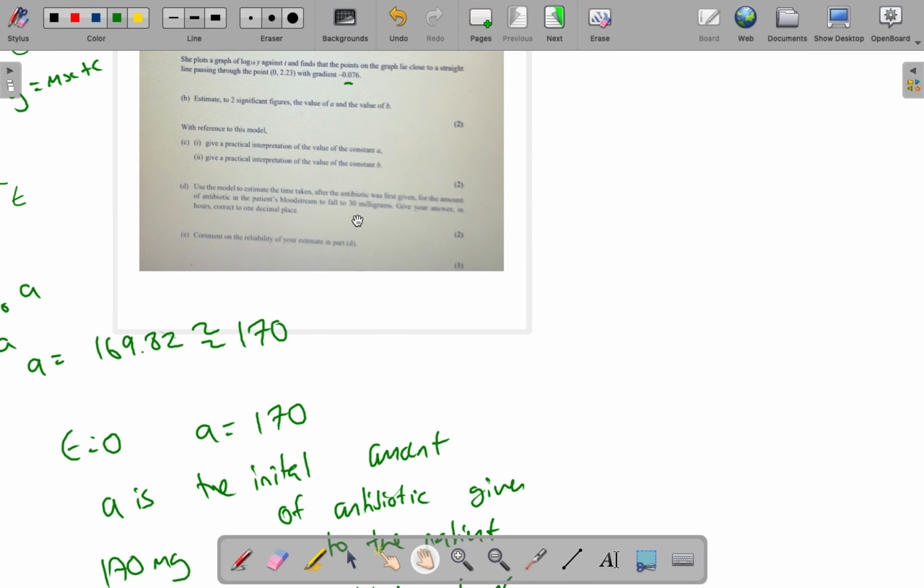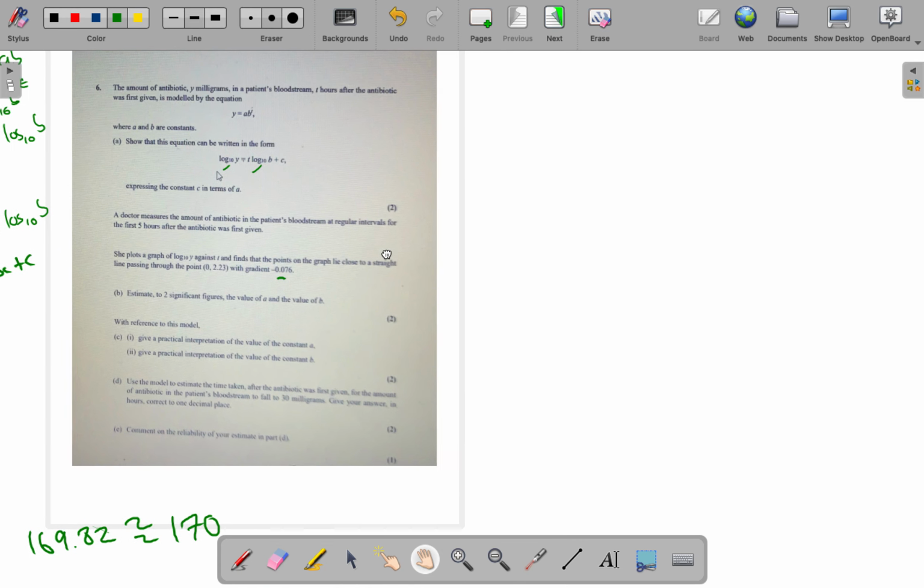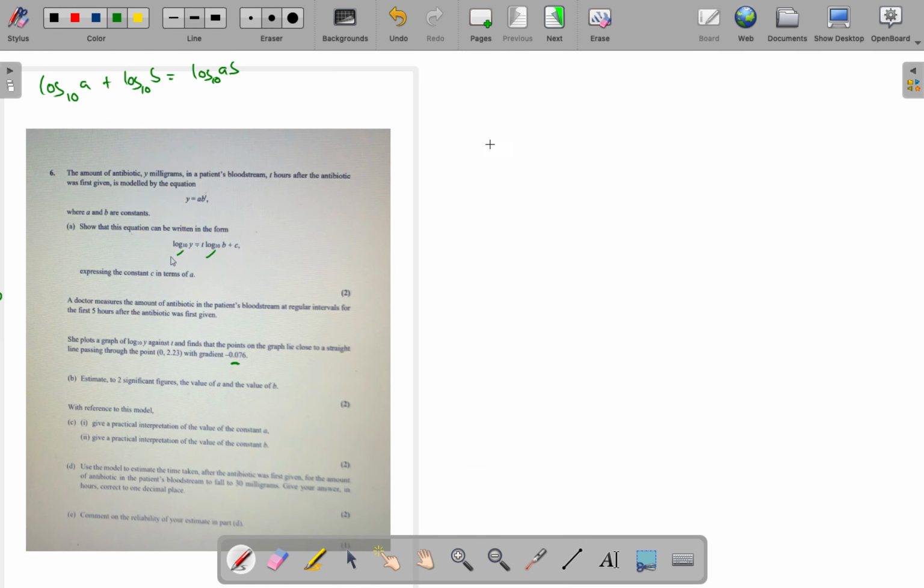And then part D, use the model to estimate the time taken after the antibiotic was first given for the amount of antibiotic in the patient's bloodstream to fall to 30 milligrams. Give your answer in hours, correct to 1 decimal place. So here we've got y equals AB to the power t. So for here we know that y is equal to 30. We've also been given that A is 170 and B is 0.84.